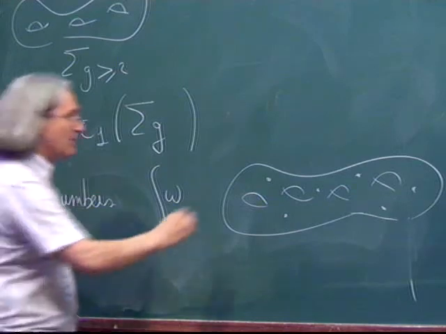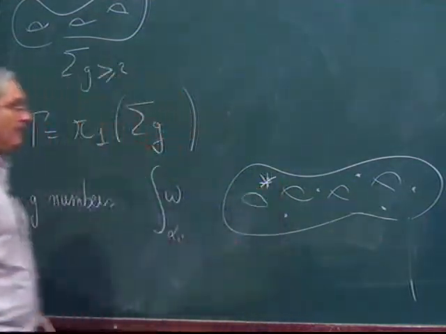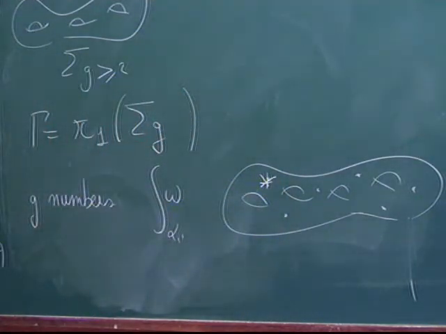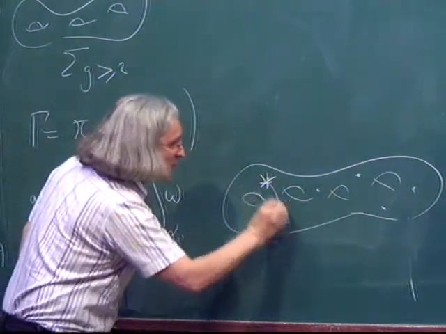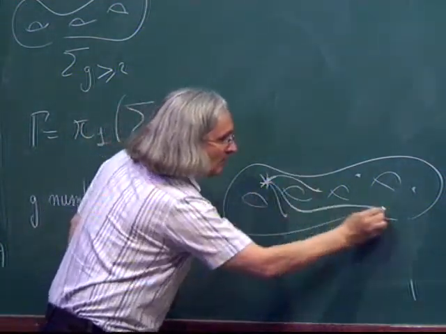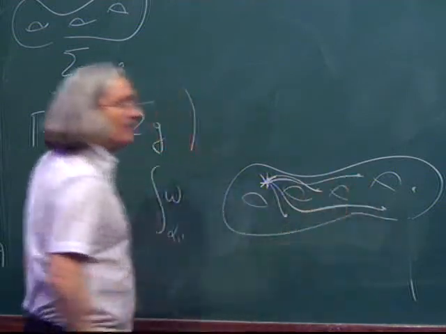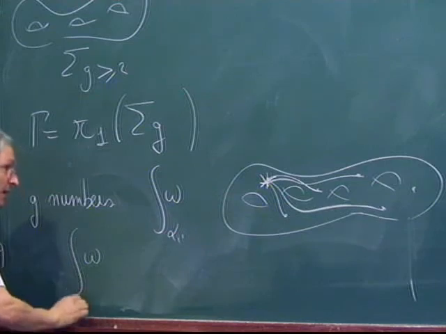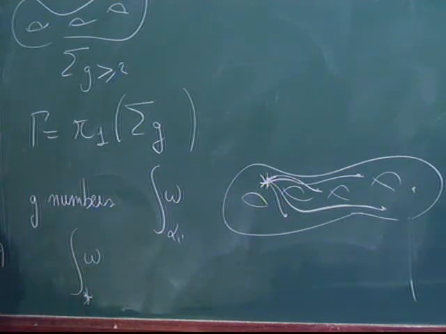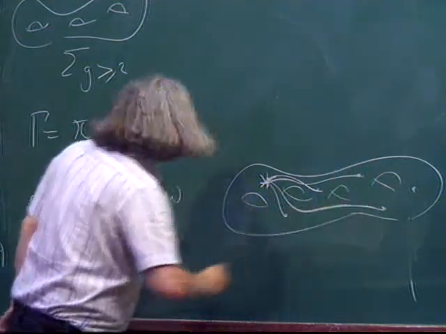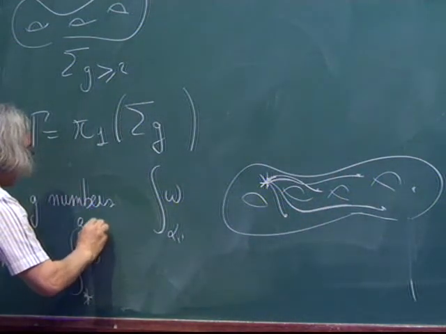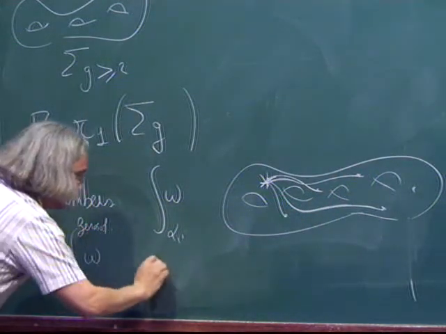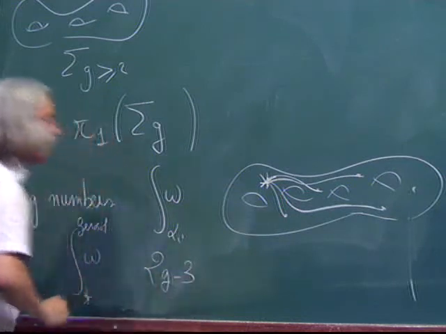So you choose one of them, and you integrate this unique form to the other ones on some path. And you get 2G minus 3 complex numbers. So they are the integrals of this omega from this base point to the other zeros of omega.